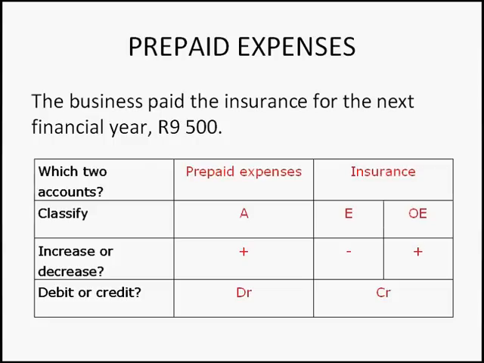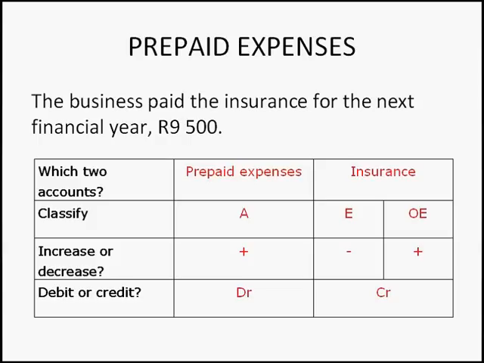Because I have paid something in advance already, I've prepaid my expense, it means that I didn't really have to do that, and that money does not belong to the person to whom I've paid it yet. Not really, because it wasn't due to be paid to them yet.